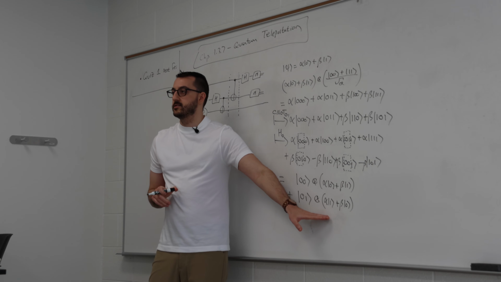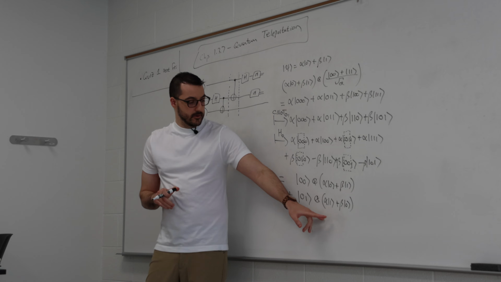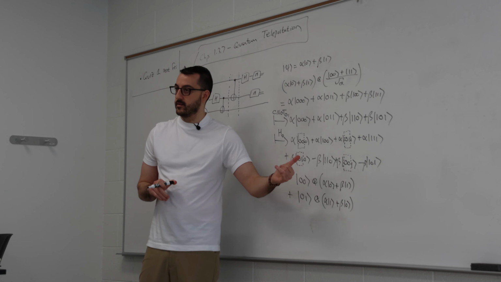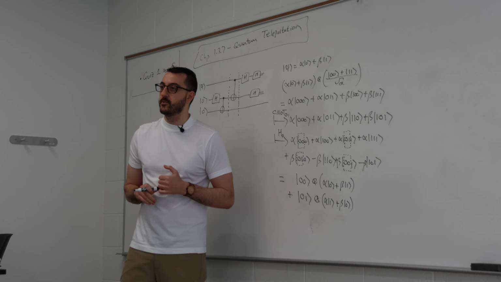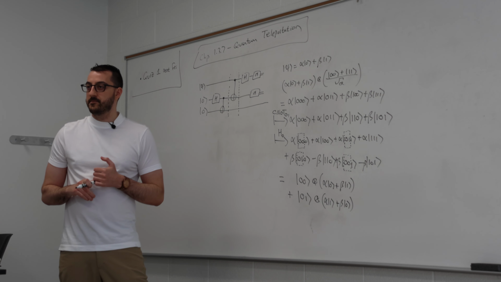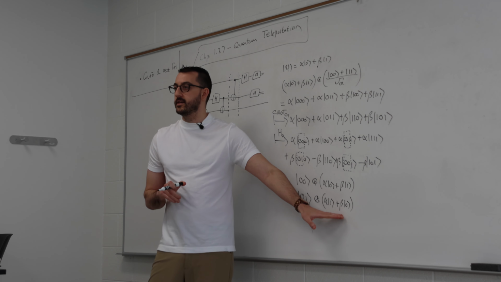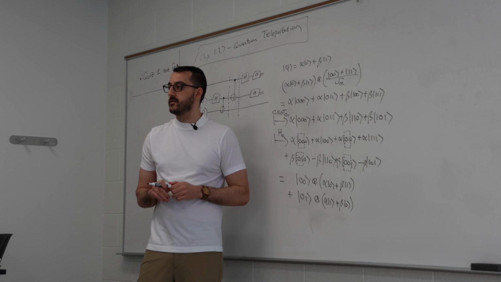This isn't the initial state that we started with, right? The coefficients are there, but the kets are flipped. 0 became a 1, and 1 became a 0. So that's a bit of a disappointment. Is there anything we could do to recover the initial state that we started with, though?